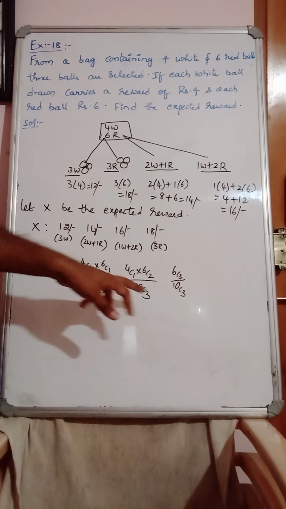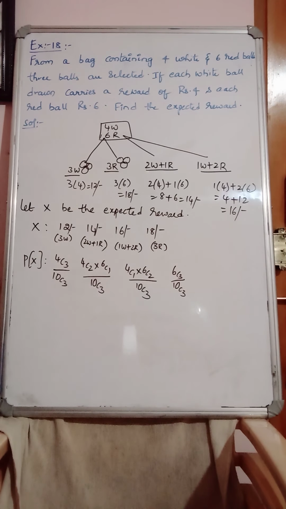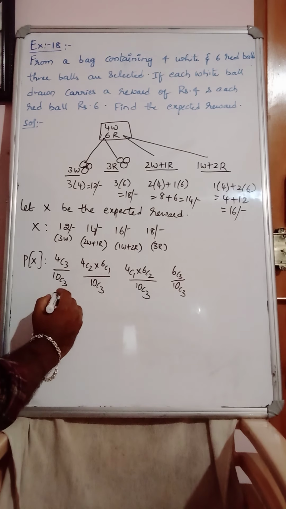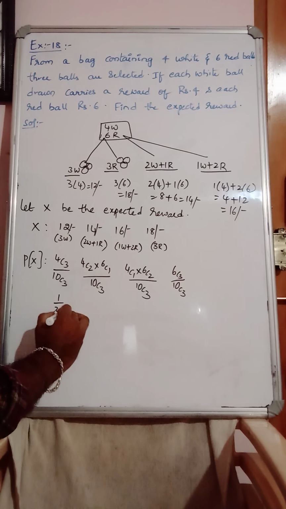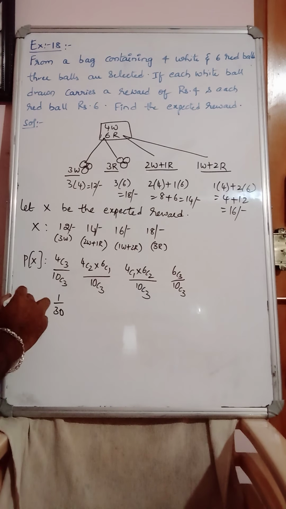And then those probabilities, see here: 12 into 4C3 by 10C3. 4C3 by 10C3 means how much? You know the calculations. After calculating, you will be getting 1 by 30.